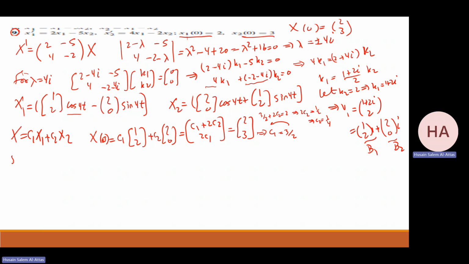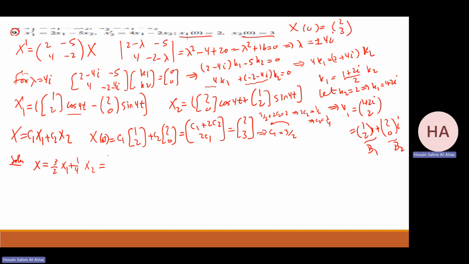So my solution will be x equals C1 times x1, which is 3 over 2 x1, plus C2, which is 1 over 4, times x2. And that will be what?